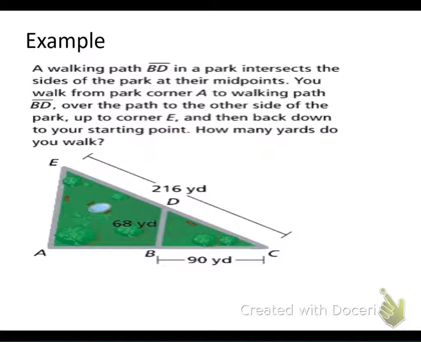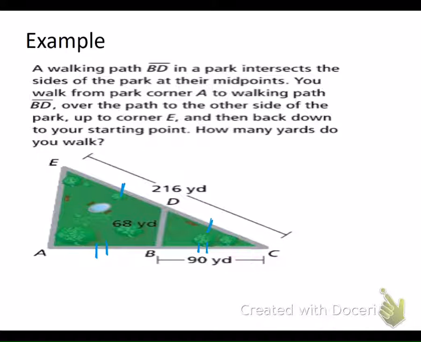All right, so a walking path BD in a park intersects the sides of the park at their midpoints. So that means B is the midpoint of AC, so I'm just marking as I go so I know what things mean. You walk from park corner A along walking path BD over to the other side of the park.